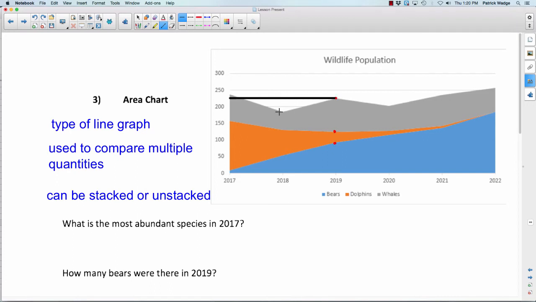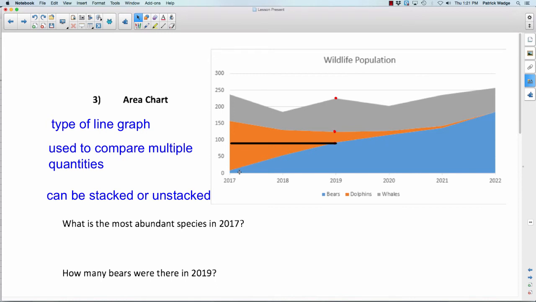For gray, whales, we'd say there are approximately 225 whales. For orange, dolphins, there are about 125 dolphins, and for bears, approximately, I don't know, 90? About 90 bears, and we'd be done. That's not too bad, and that's unstacked.